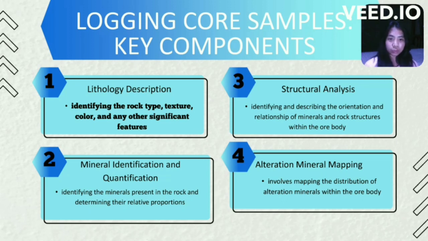Three is the structural analysis, identifying and describing the orientation and relationship of minerals and structures within the ore body. Four is the alteration mineral mapping, which involves mapping the distribution of alteration minerals within the ore body.